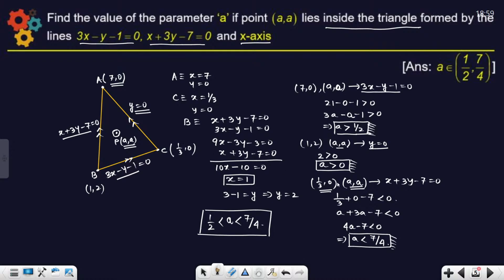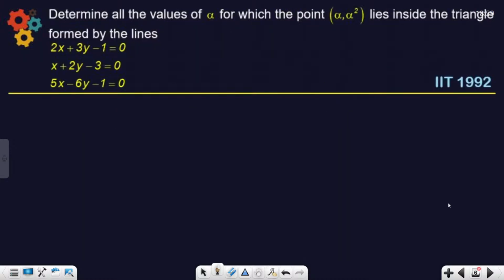Let us move to the next problem. See this question. The question is absolutely the same as the one I just did. But this came a long time back in IIT 1992. I'm not going to do this. This will be your homework, and you must write its answer in the comment box.